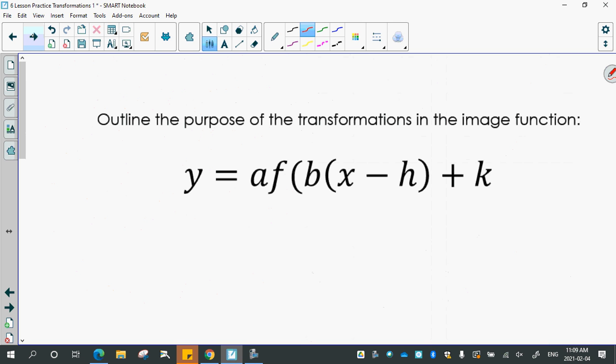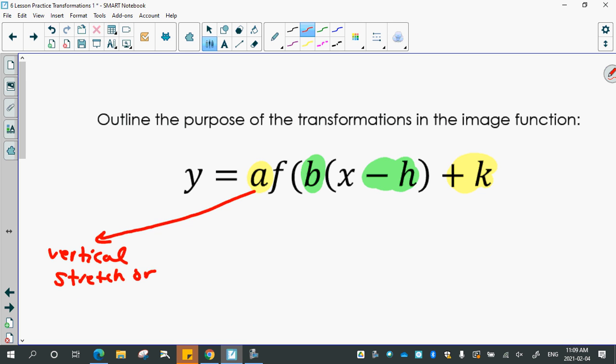the purpose of our transformations here, so I'm going to color code. A is out front, K is at the end. So my vertical, so my horizontal. And then I'm just going to kind of do an arrow here. So A is either a vertical stretch or compression. So if it's out in front, it's either a vertical stretch or compression. And I'm going to do the K next too, because it's vertical.